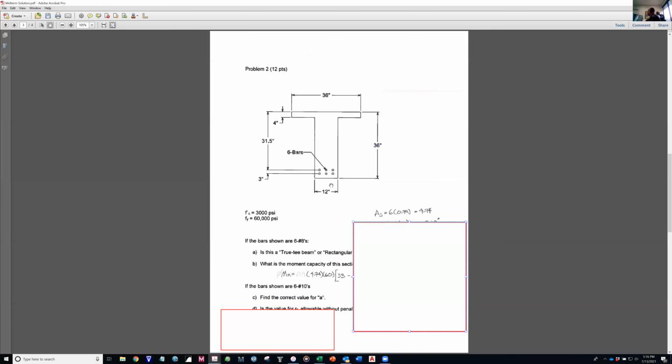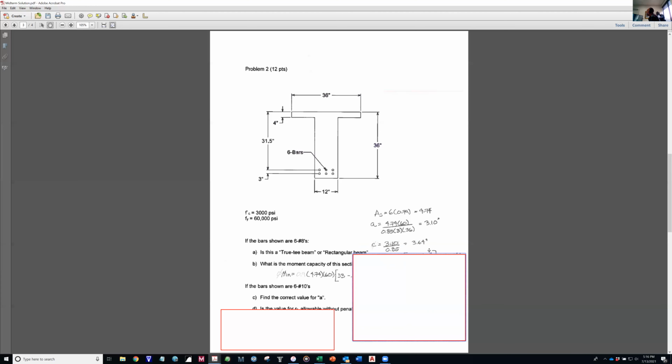So if it's 6 number 8s, then the area of steel, 6 times 0.79 from the table, gives you 4.74. Then little a calculates as AsFy over 0.85 f'c b effective, and that's 3.10.